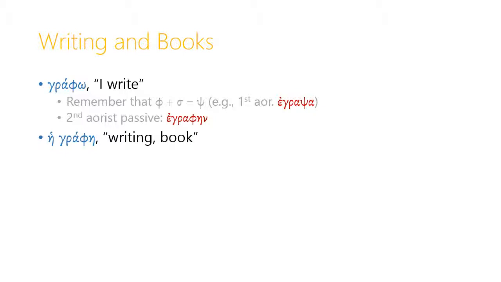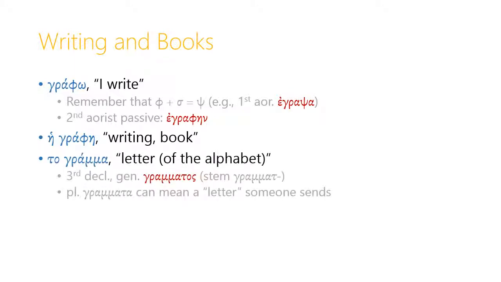The related noun, he graphe, just means a writing or a book, although book could also maybe more often be expressed with the noun ta biblion. But he graphe, as any piece of writing, could also be used for a complete book. And a graphe is made up of a lot of grammata, and ta gramma is the noun for letter, a letter of the alphabet.